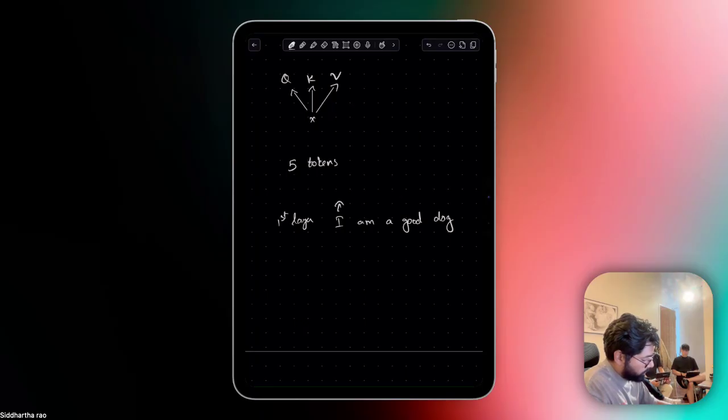This would convert into a vector of numbers, and this would convert to a vector of numbers, and this would convert to a vector of numbers, and so on.